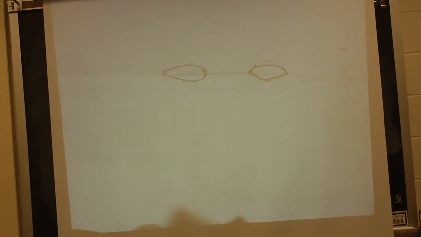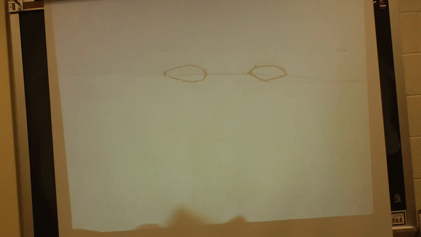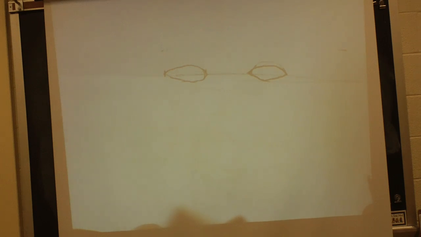We talked about that little tear duct thing in the corner of your eye right there. We talked about your iris, which is the colored part of your eye, and how usually your eyelids cover the top part and sometimes the bottom part, depending on who you are.